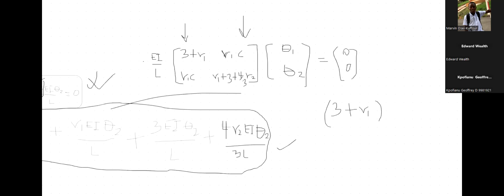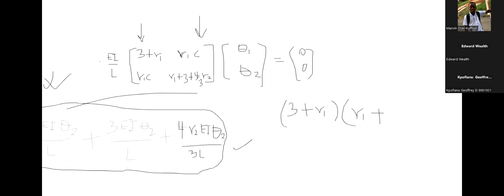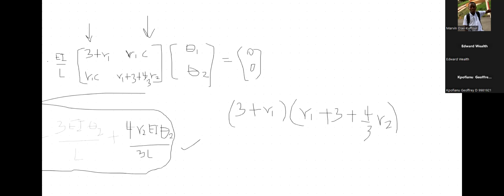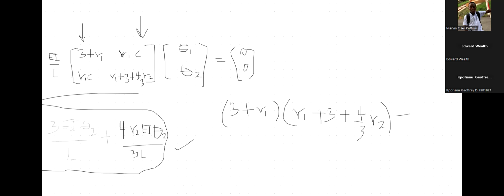So this will multiply R1 plus 3 plus 4 on 3 R2, minus R1C times R1C.